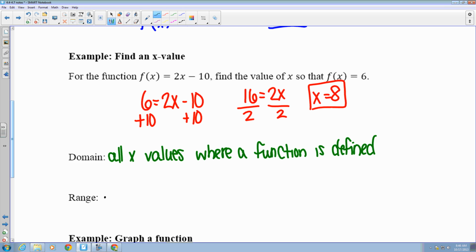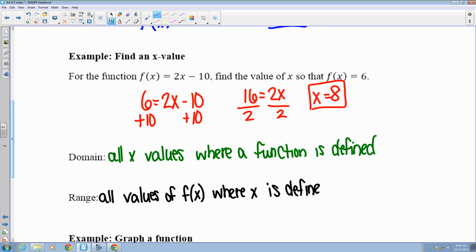What we're going to say this time is that the range is all values of f of x. Remember, f of x is the same thing as y, where x is defined in the domain. So new definition, not really a new meaning. It means the same thing that we've been using for range all along.